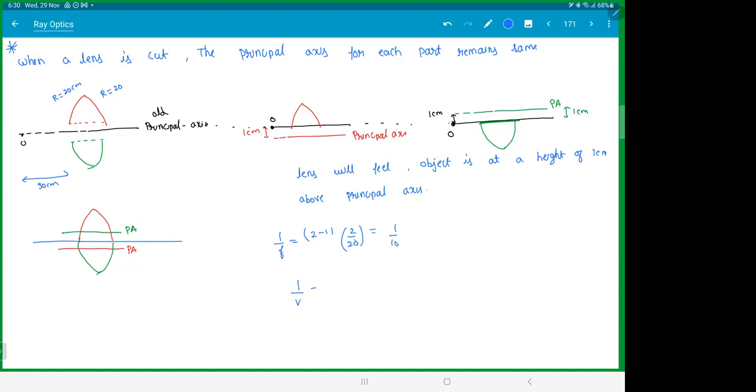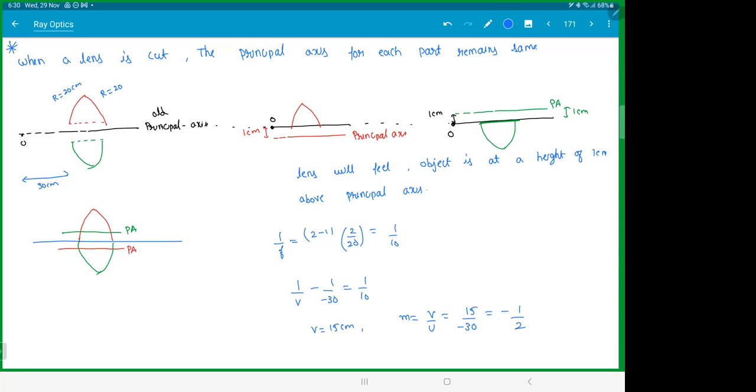So 1 by V minus 1 by minus 30 is 1 by 10, V is equal to 15 centimeters, and magnification is V by U, 15 by minus 30, so minus half. Magnification is minus half.